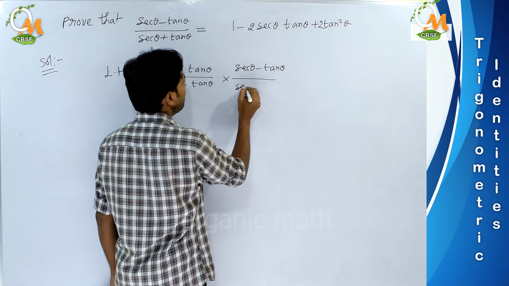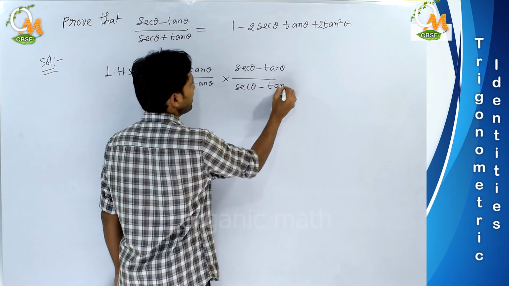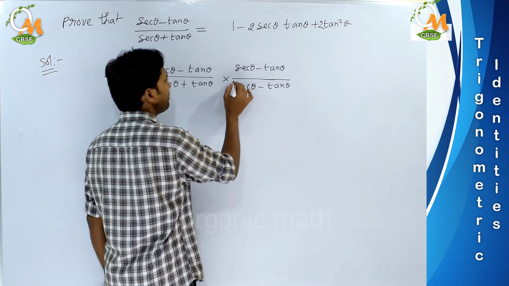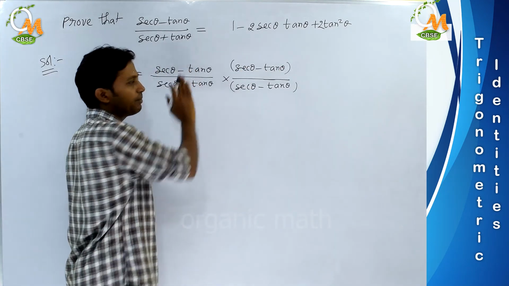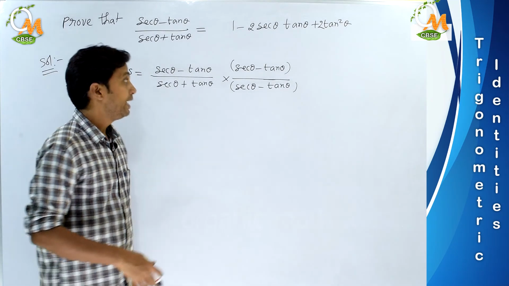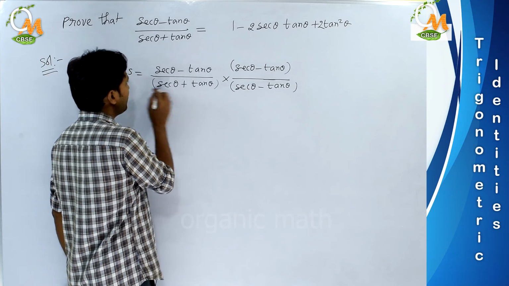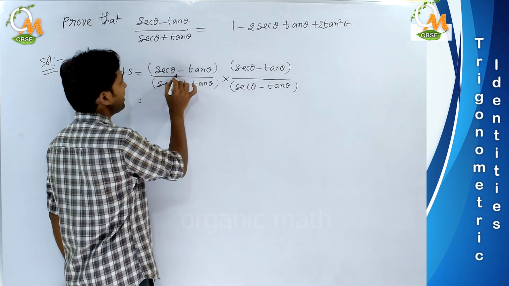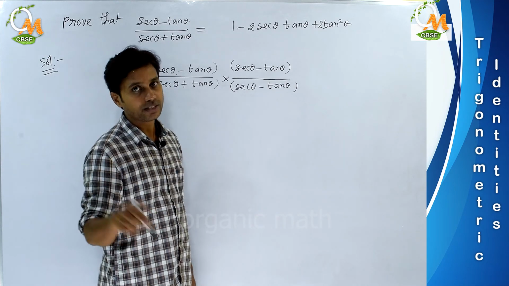We need to multiply and divide with secant theta minus tan theta. As you know, when we multiply and divide with the same expression, the value of the given expression will be the same, because if you cancel these two, it remains the same. When we multiply these, secant theta minus tan theta into secant theta minus tan theta, multiplied 2 times, so we get the square of this.